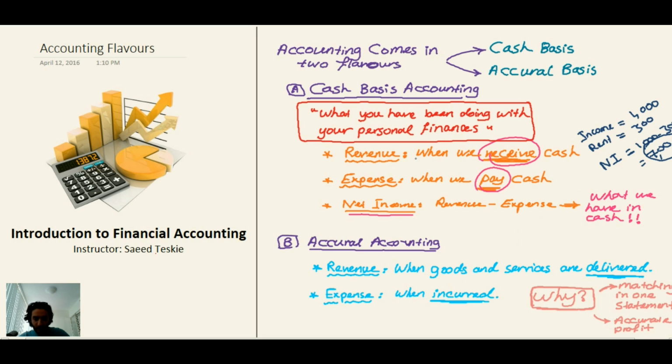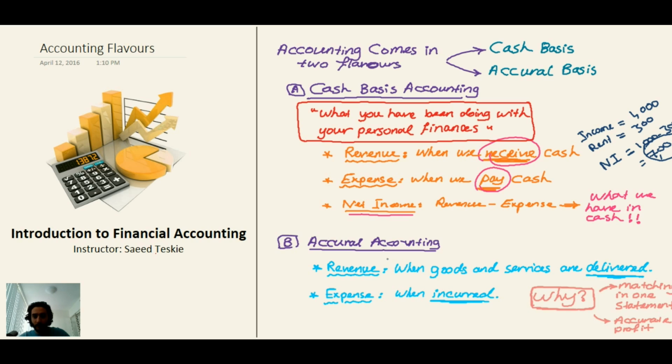So the main difference between cash basis accounting and accrual basis accounting is when revenue and expenses are recognized. But someone may ask, why in accrual accounting do we recognize revenue or expense when it's delivered or incurred depending on the transaction, and not when the cash is received or paid?